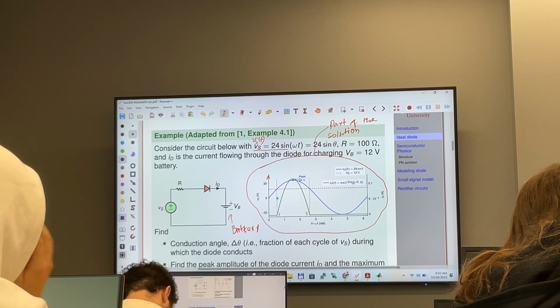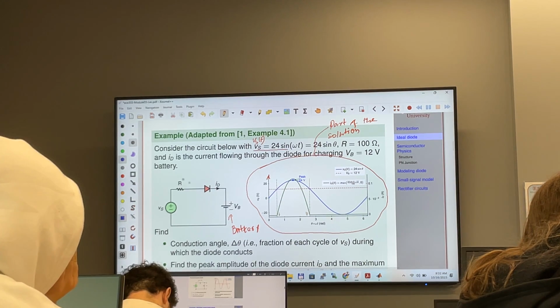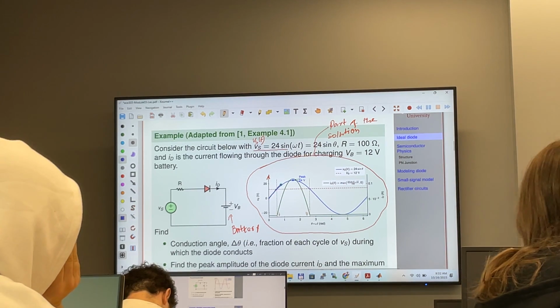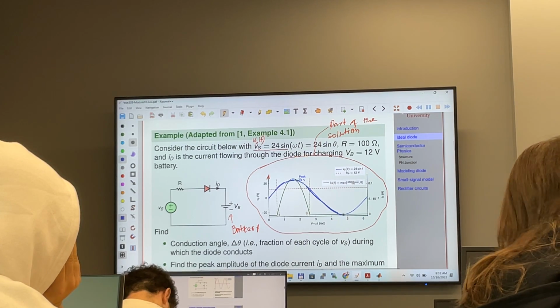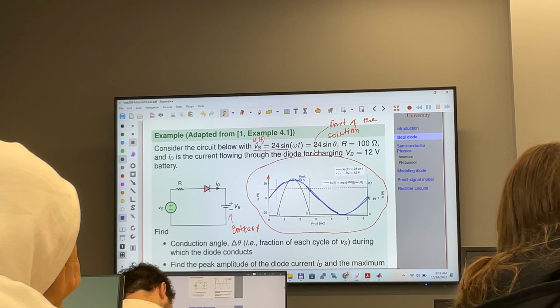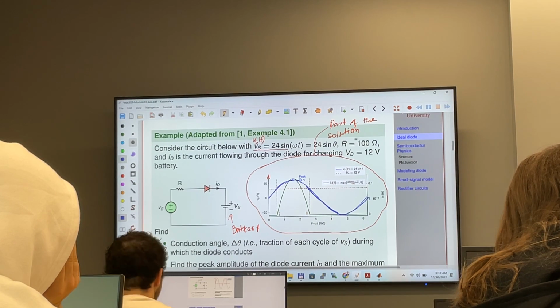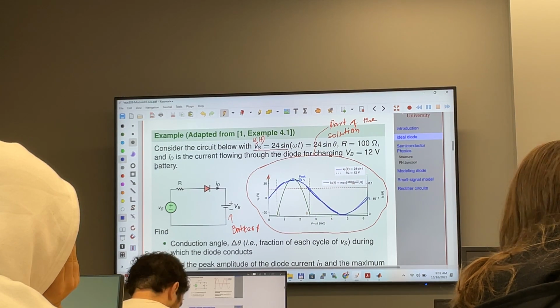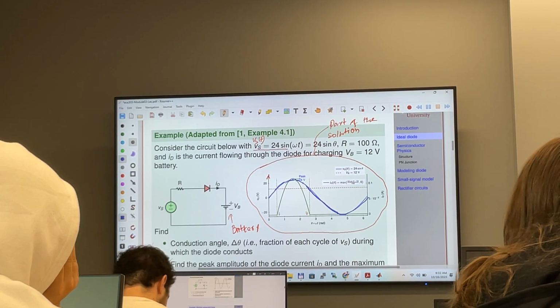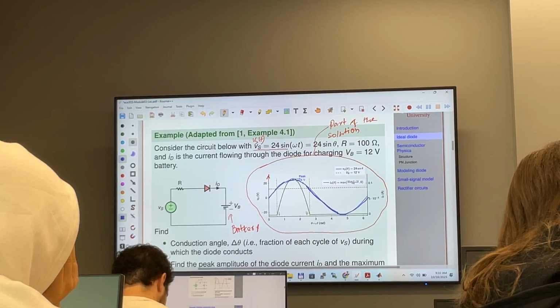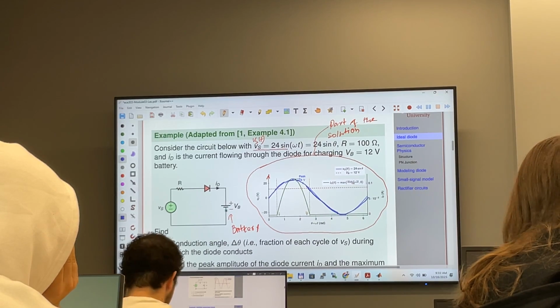I did talk about the input signal that is given. So this is our input signal, and we are given R equals 100 ohm, and the battery voltage, the 12-volt battery that we are trying to charge. That's all we are doing.